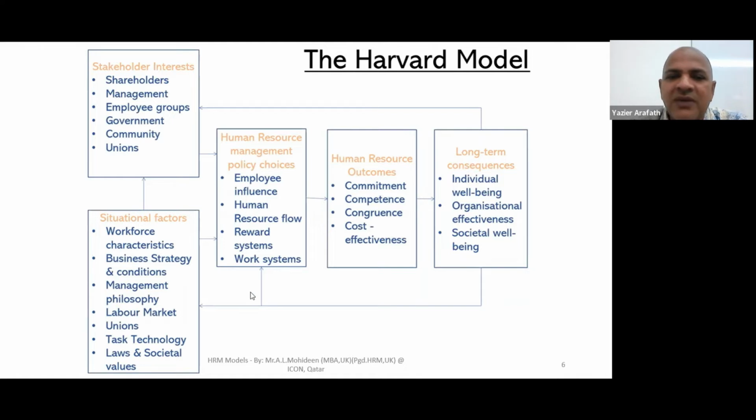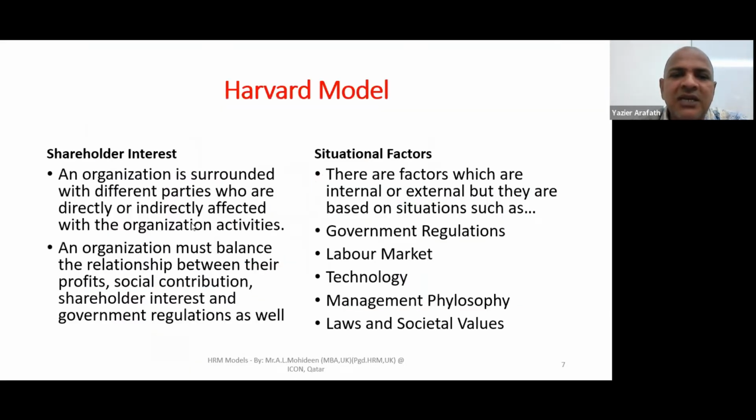So we can go one by one in detail, theory-wise. Harvard model, stakeholder interest. When you take stakeholder interest, the organization is surrounded by different parties who are directly and indirectly affected by the organizational activity. You know already. The organization must balance the relationship between profit, social contribution, stakeholder interest, and government regulations as well.